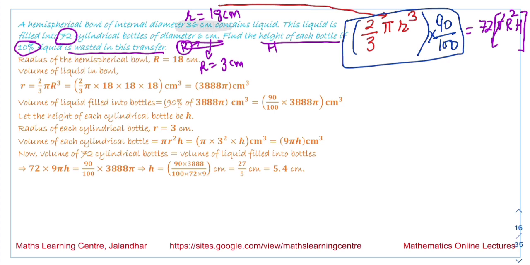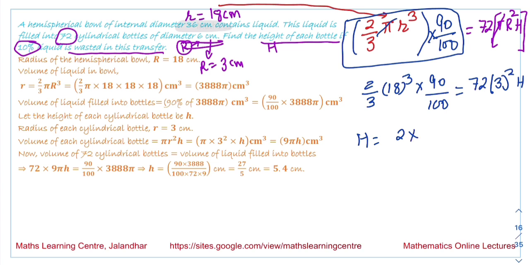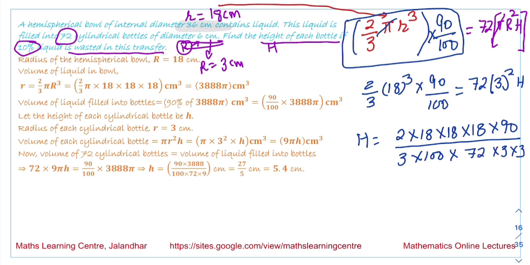So what we are left with is 2 by 3 into r cube. The value of r cube is 18 cube into 90 by 100, which is equal to 72 into 3 square into h. So the value of h is 2 into 18 into 18 into 18 into 90 upon 3 into 100 into 72 into 3 into 3.